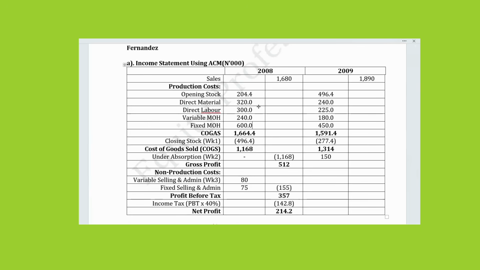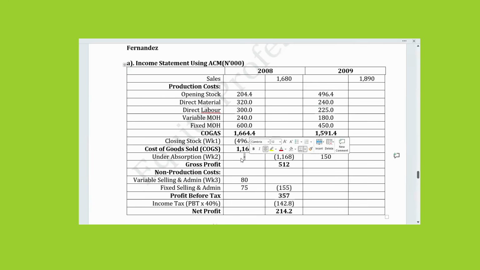In 2008, the fixed manufacturing overhead was 600,000 naira. The budgeted output is also 600,000 naira, because 3 naira multiplied by 200,000 budgeted units gives us 600,000. And that was why in 2008, overhead absorption was 0.